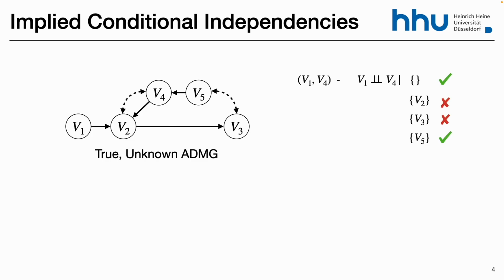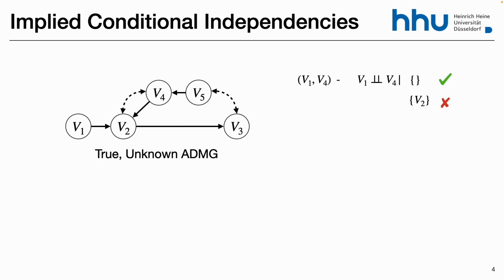So for example, when we decided that V2 is not a separating set, it's sufficient to find one path that's open. When I say that's a collider, obviously it's connecting V1 and V4, so it's not a separating set. I don't need to look at all of them. When I ask is V3 a separating set, it's the same thing. You only need to find one, and you found one. This is sufficient to answer if V3 is a separating set or not.